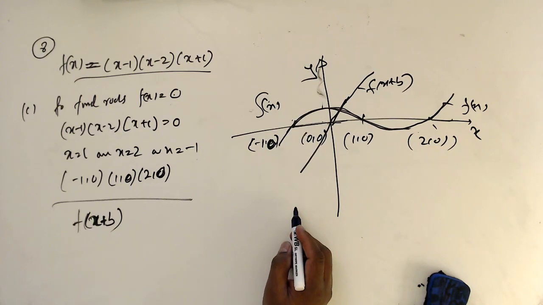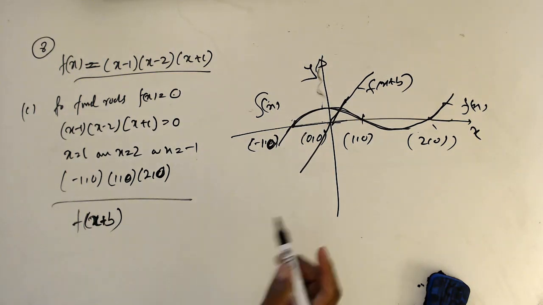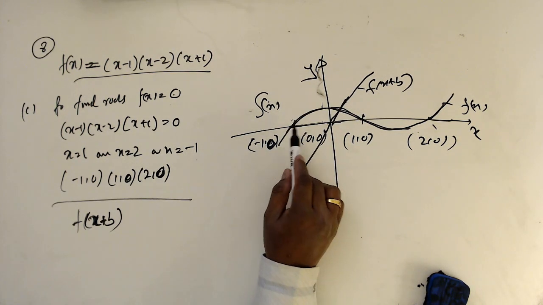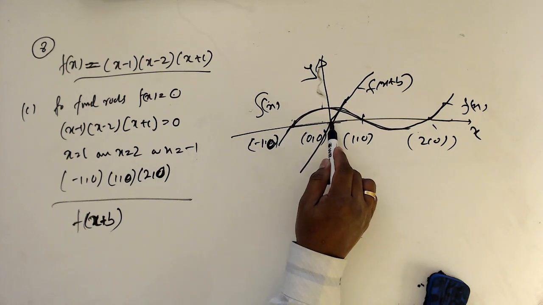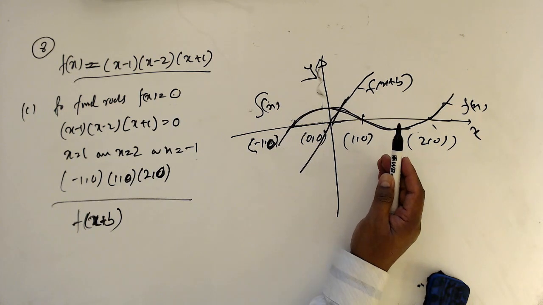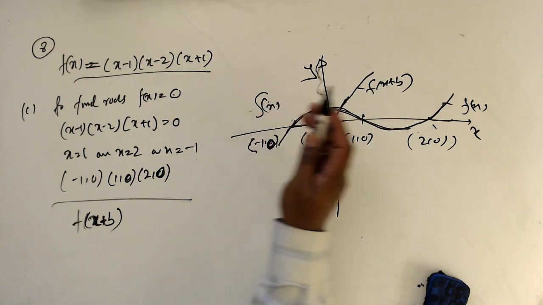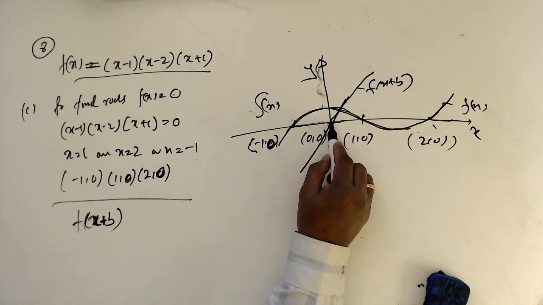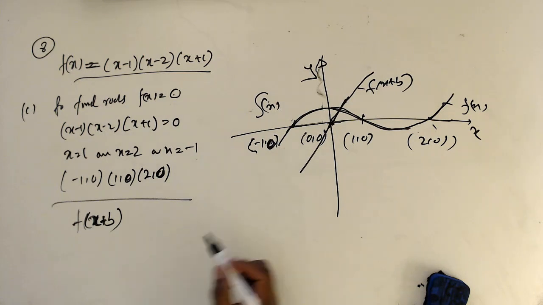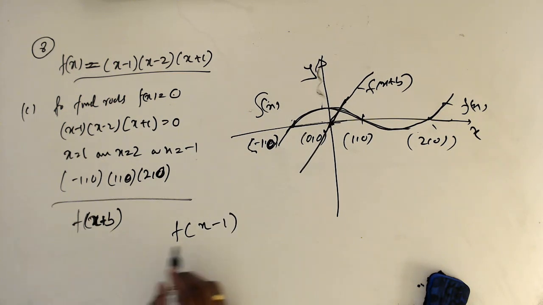So what are the possibilities now? If this curve shifts by 1 unit, this is -1, to the right, then this f(x) curve shifted by 1 unit still has the curve going through (0, 0). Then that is f(x - 1).